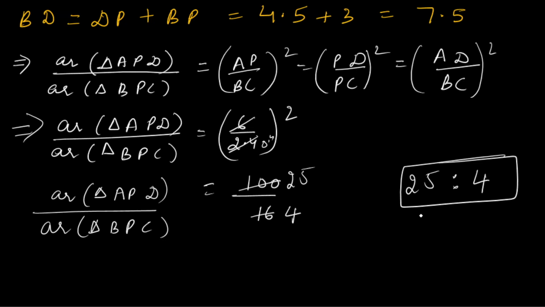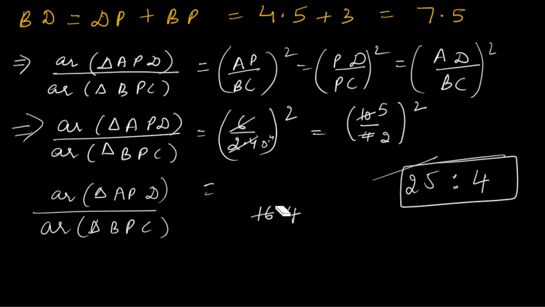Okay, 25 is to 4 is the correct answer, because I didn't remove the decimal. Here also if we do cancellation, this will become 10 by 4, and with cancellation, 2 into 5, 2 into 2. So when we square it, this will become 25 is to 4.